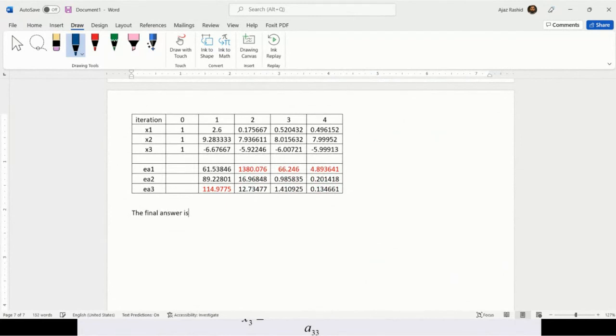Final answer is x1 equal to 0.496, x2 equal to 7.999, and x3 equal to minus 5.999, using 5% stopping criteria. So that's the answer that we get using the Gauss-Seidel iteration.